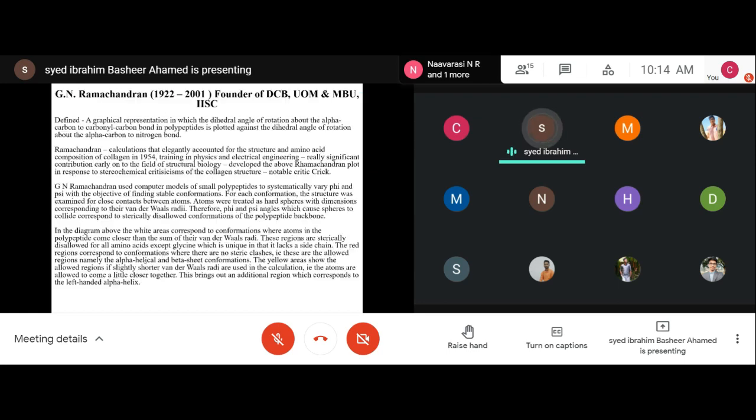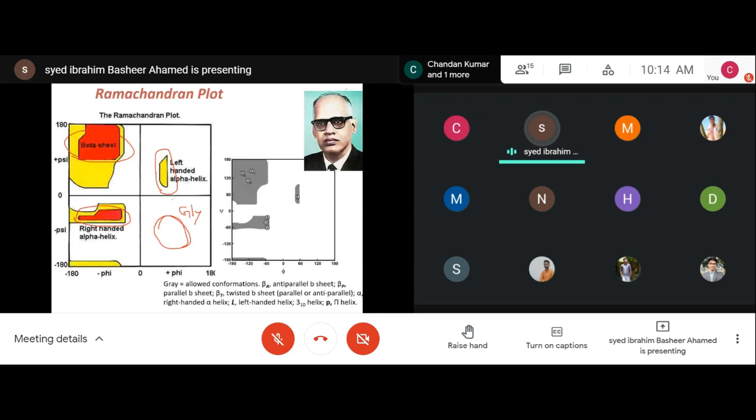The Ramachandran plot was introduced by G.N. Ramachandran. He was a professor. Initially, he was working in Madras University in the physics department. He is the founder of the crystallography department there; he founded the department of biophysics and crystallography.